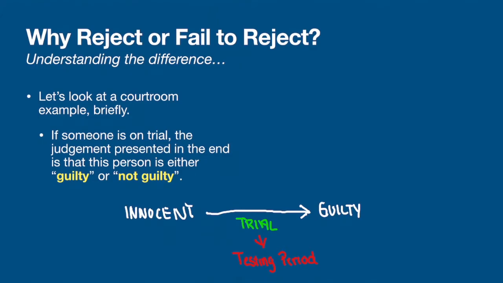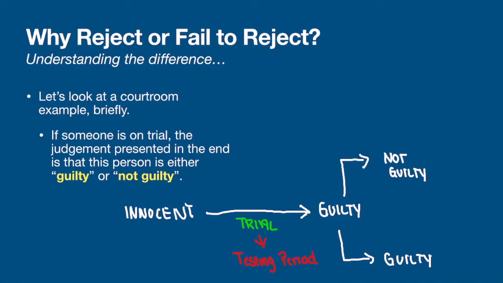Now, in the criminal justice system, what happens is once you're on trial, there is kind of two options that happen. And you probably already know where we're going with this. You are either declared not guilty or guilty.